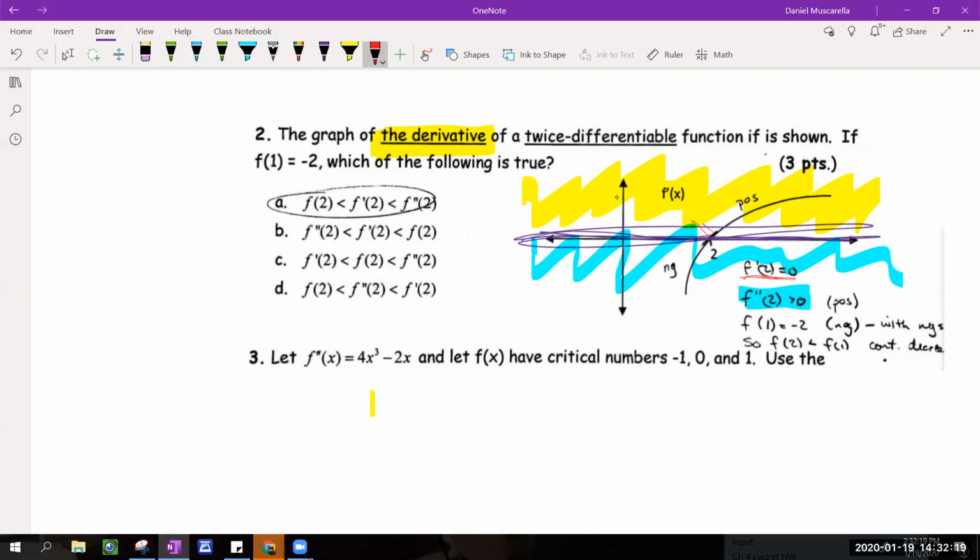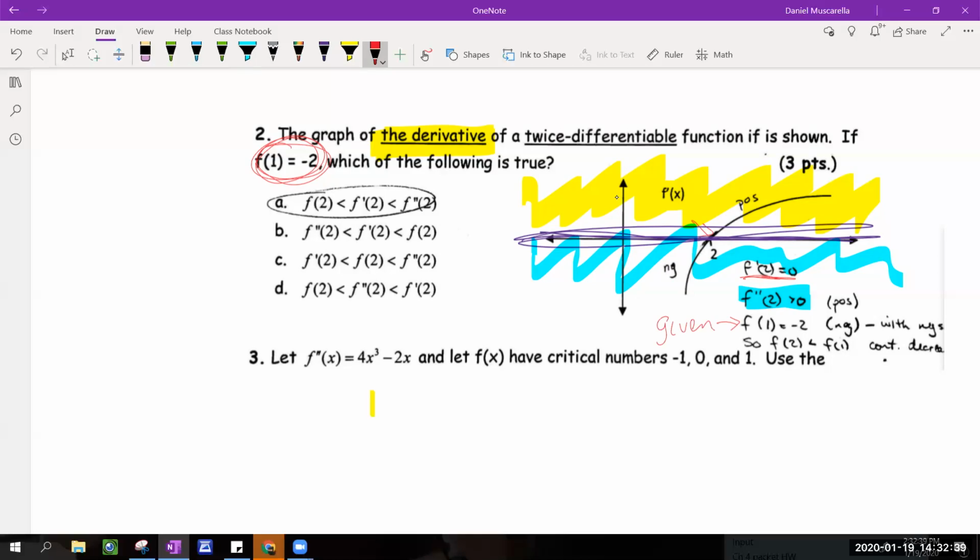All right, so when I look at the x value of 1, I could say 1 would have to be somewhere down here, but also look at this other piece of information that they give you in the stem of the question. This is given. It tells you it has a y value of -2.